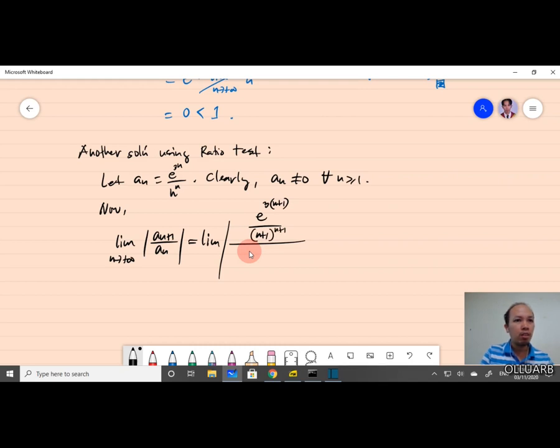The denominator is e to the 3n over n to the n, as n approaches positive infinity.